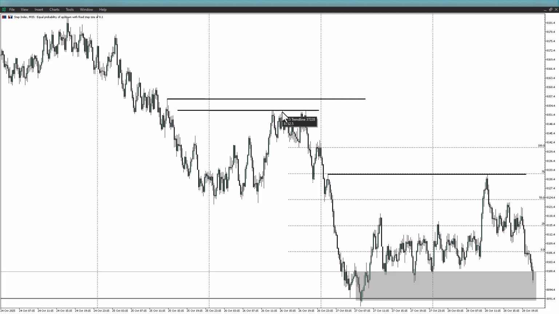And on Sunday as well, it has also tipped its hand, showing you that there is relative equal highs that are close to this particular high. Today, the algorithmic price signature has tipped its hand. What you wait for is for price action to retrace back to where it came from.